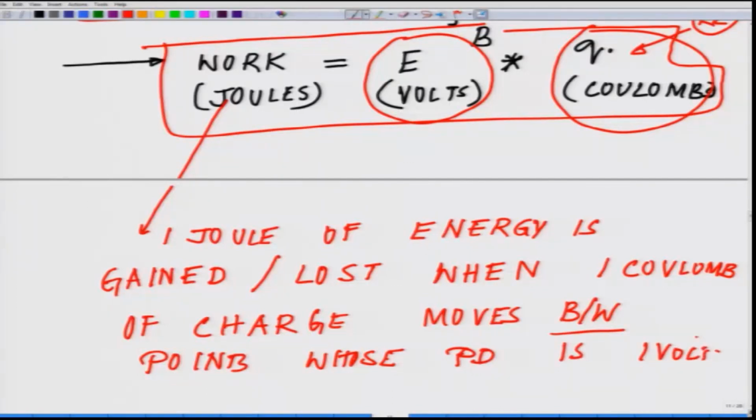In other words, 1 joule is equal to 1 volt multiplied by 1 coulomb, gained or lost when 1 coulomb of charge moves. So, if you put everything as unity, this is what you are going to get. Okay. So, this is the second fundamental concept what you needed to remember.